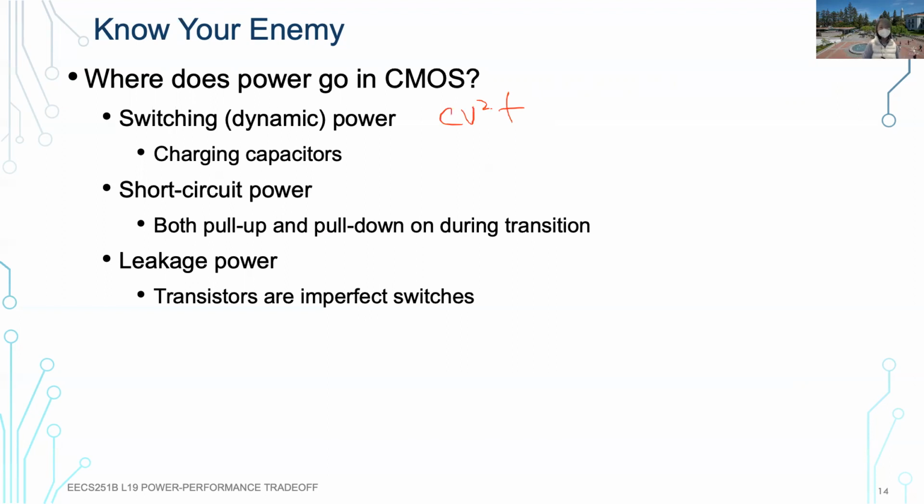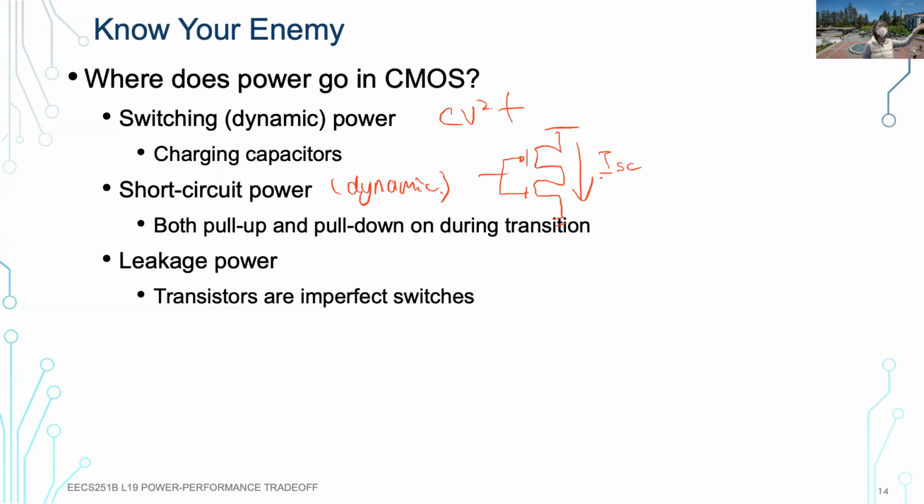Also typically viewed as dynamic is short circuit power, especially in CMOS. During the transitions, there could be a transient period of time when both the PMOS and NMOS are on, and that triggers short circuit power.